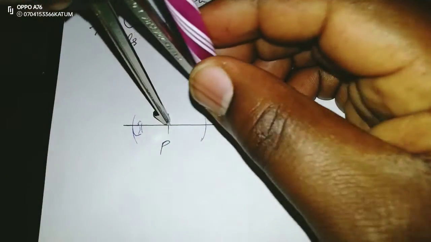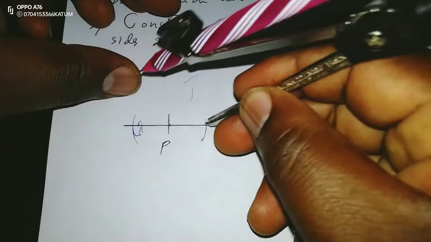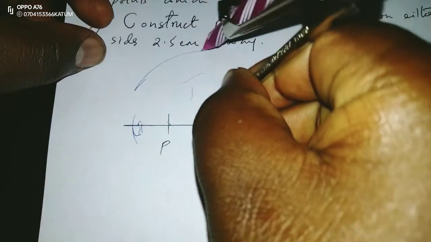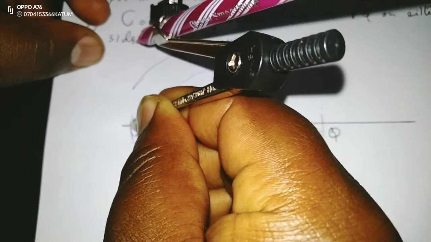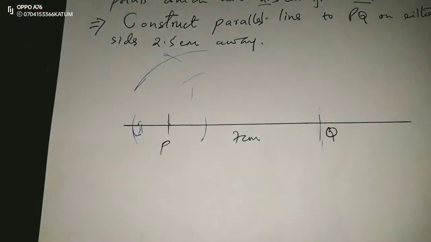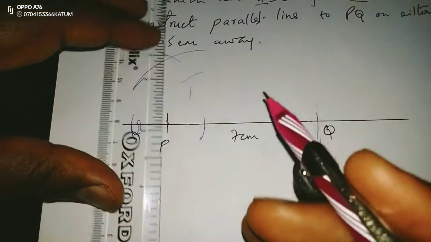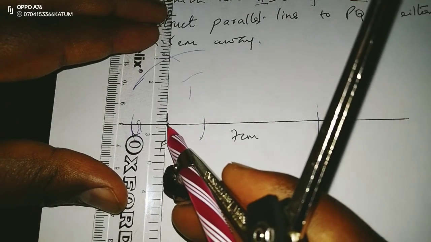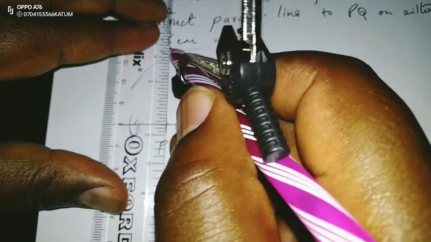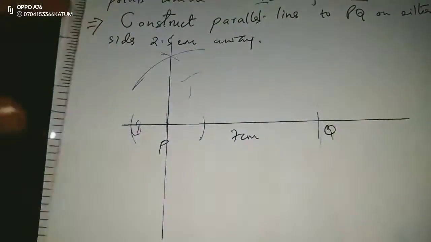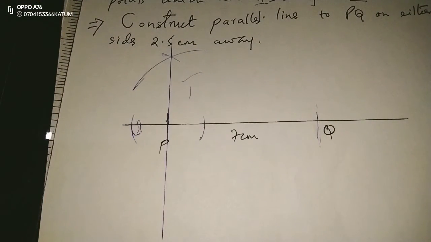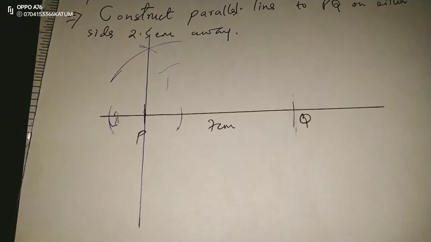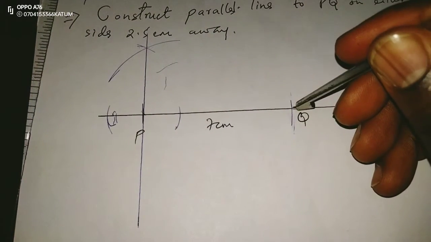Then I extend the radius, and standing here, I make an arc. Then on the first arc, I cut this second arc. Now I drop a line through P. So this is going to be a very straight line like that. Then I get again to point Q.